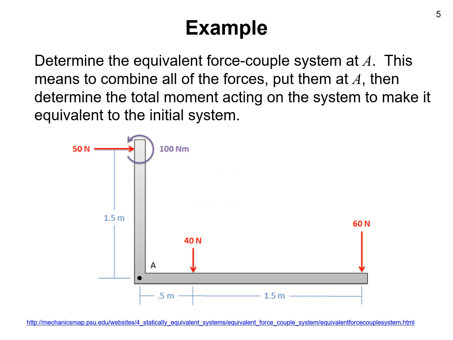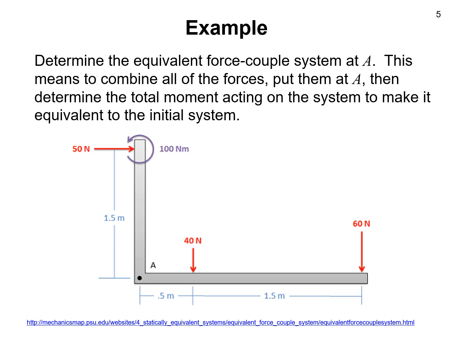I'm going to take this example from the Mechanics Map website that we posted earlier. The link is below if you want to watch it yourself and see how it was done over there. I'll do a similar approach, but with some other explanations as well. Suppose you have a system with 3 forces, 50 newtons horizontal, 40 newtons vertical, and 60 newtons vertical, and a torque of 100 Newton meters, all applied in the locations shown.